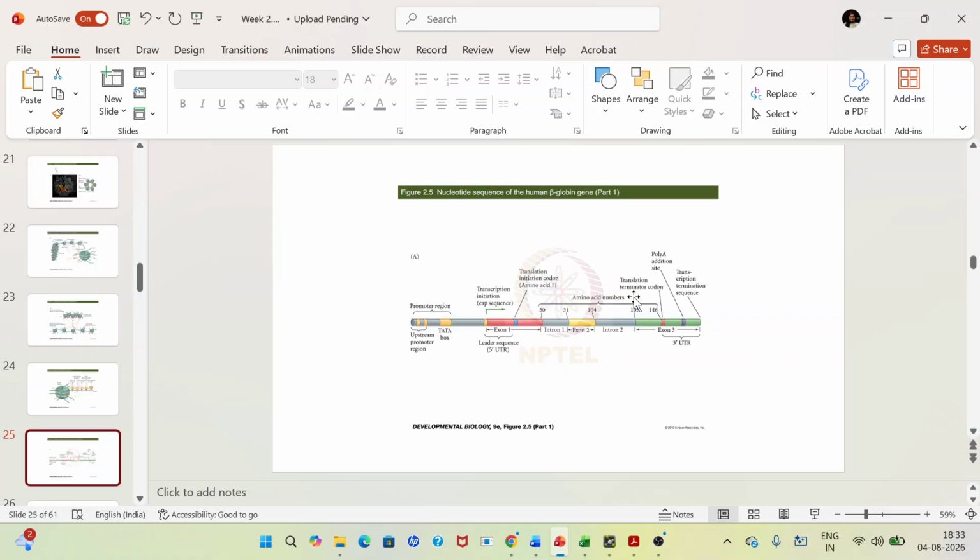Okay, so this is just to show you an arrangement of a gene so that you can know different kinds of terms, and these terms are actually very important parts of a gene which makes a eukaryotic gene complete, which helps further in the transcription and then translation of that particular gene so that it can lead to its particular expression.